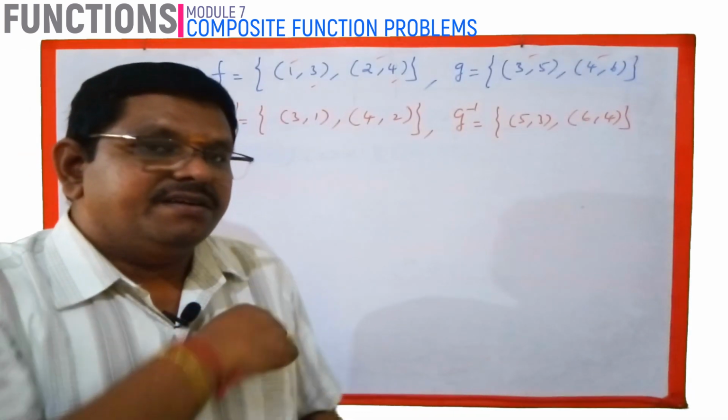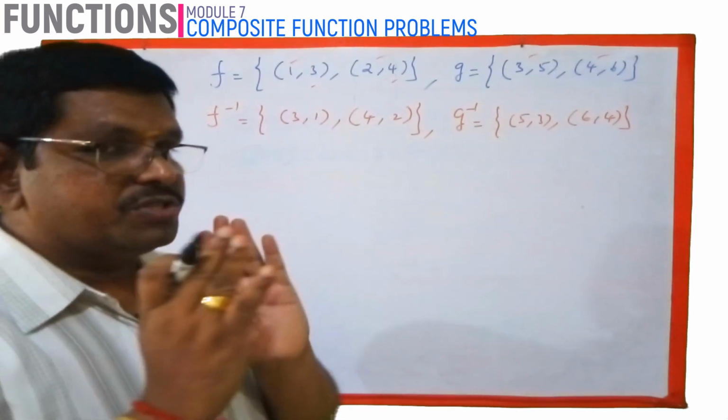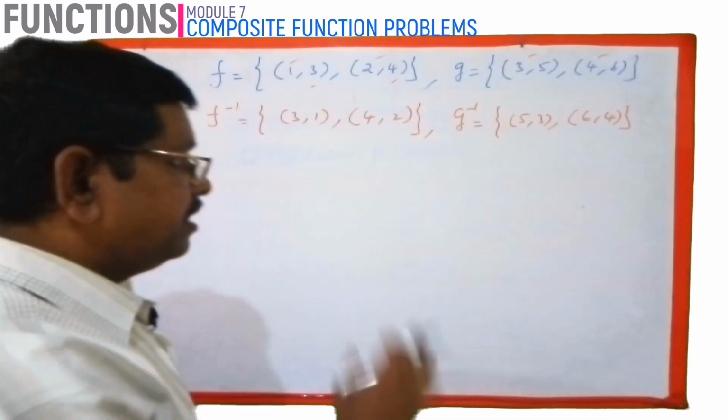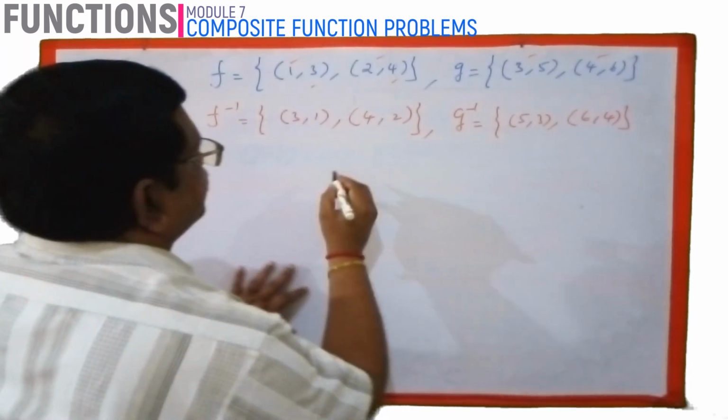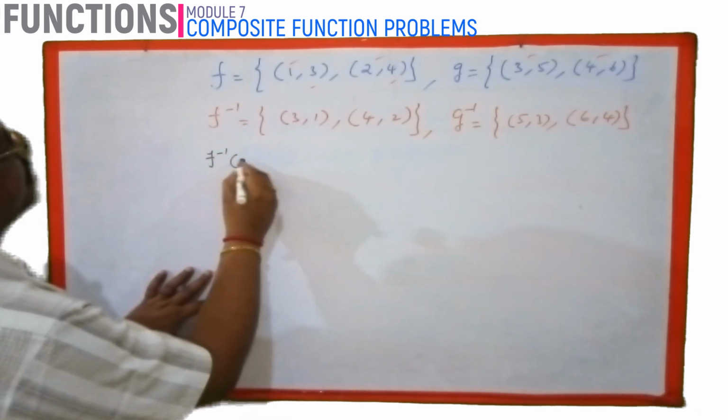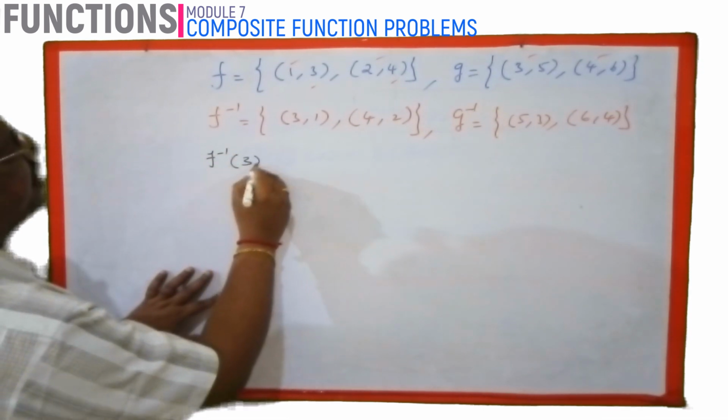Now we have got f inverse and g inverse. Now let us find f inverse composite g inverse and g inverse composite f inverse. Before that, let us write the values here. f inverse of 3 is equal to 1.